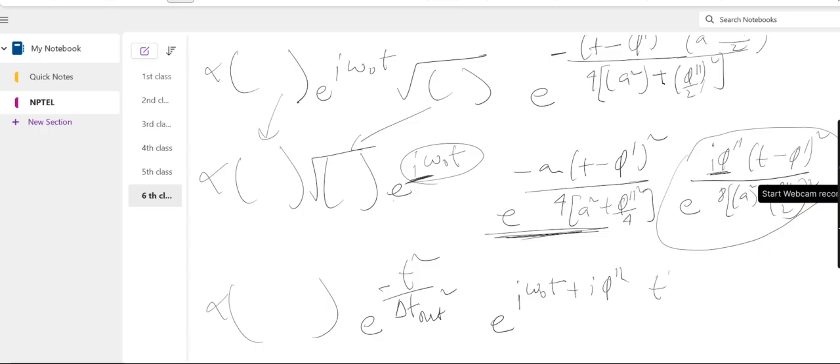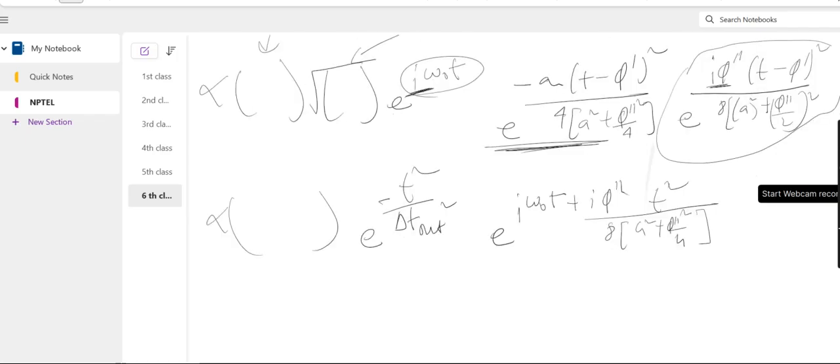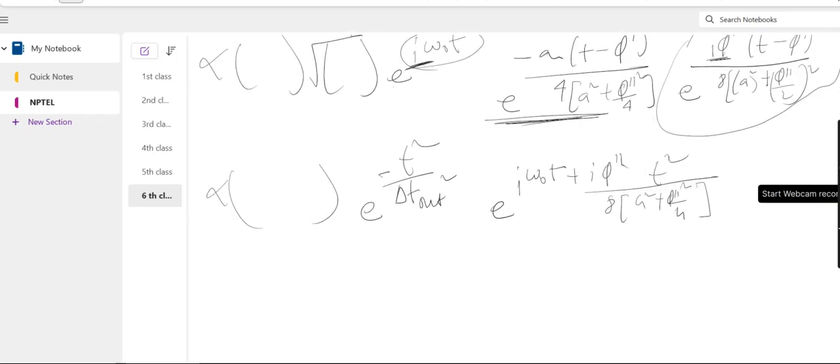We can say t square, because phi dash is very small, by 8 a square plus phi dash dash square by 4. So the phase part has now a linear part and a quadratic part. This part is linear and this part is quadratic.